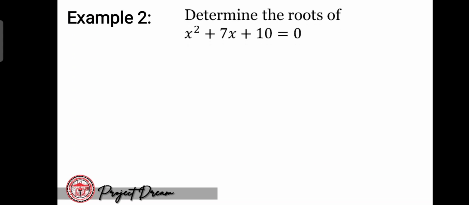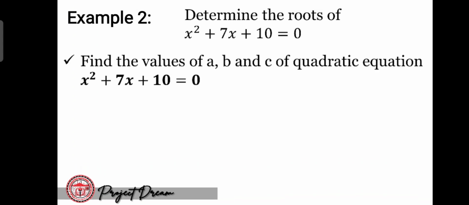Example number 2 is to determine the roots of x squared plus 7x plus 10 is equal to 0. The first step is to find the values of a, b, and c of the quadratic equation. So let us now find the values. Let's start with a. A is equal to positive 1.